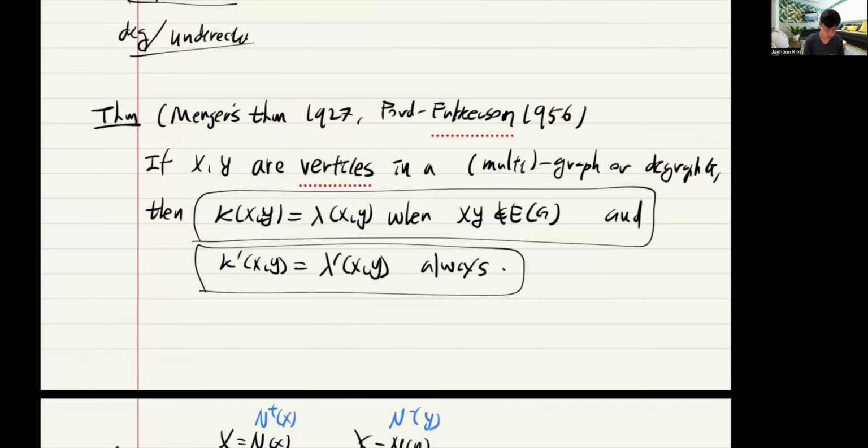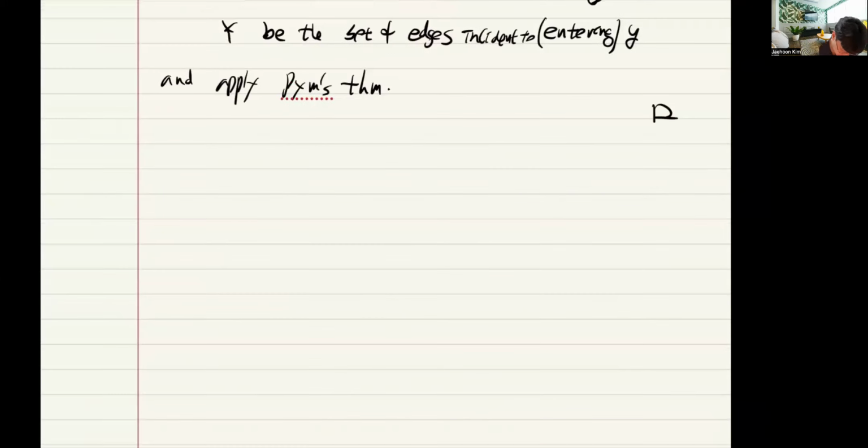Okay, and then using this, so this is the local version. Using this, we can characterize k-connected graphs, which is also called Menger theorem.